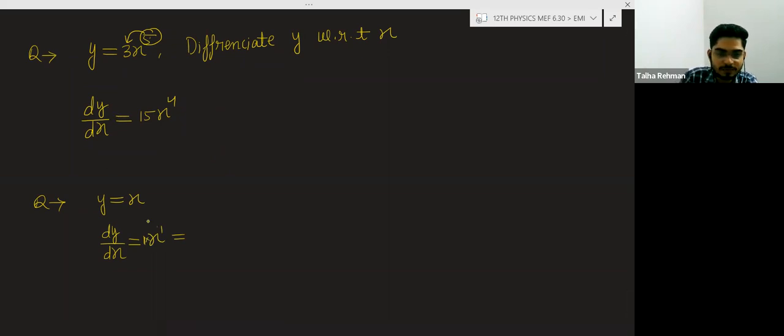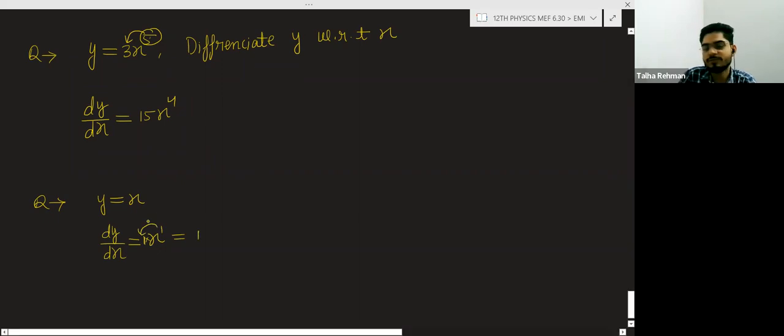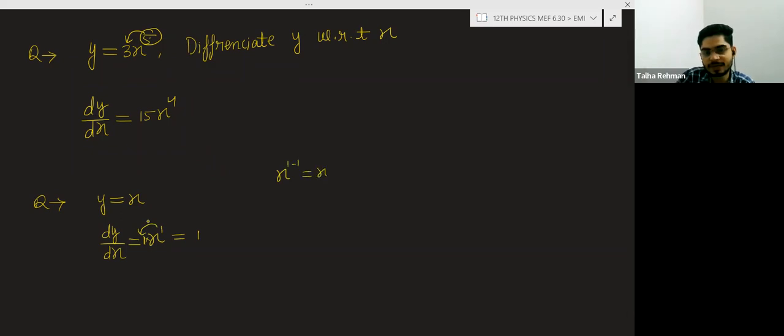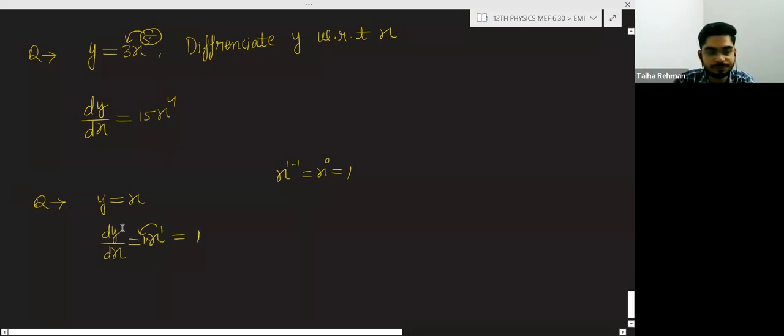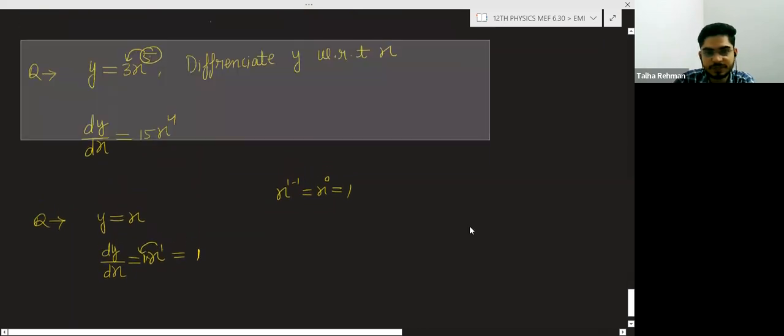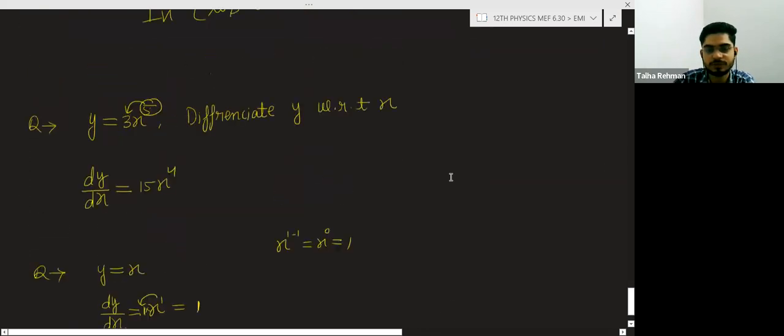Here you multiply this 1 with 1, so it becomes 1. And x to the power 1, when you minus 1 from the power, becomes x to the power 0, and anything to the power 0 is 1. So the answer will be 1. Okay. So this type of differentiation we will use in the next question.